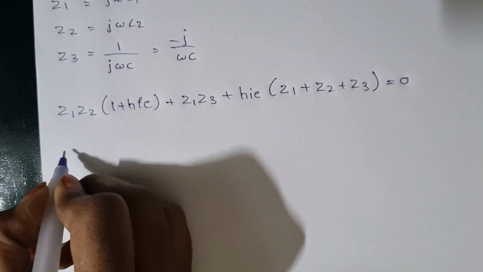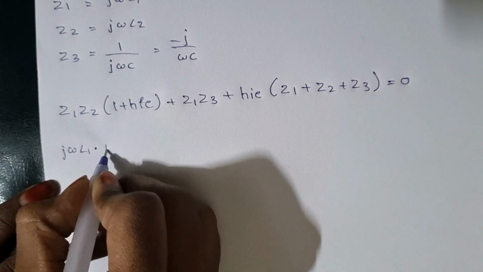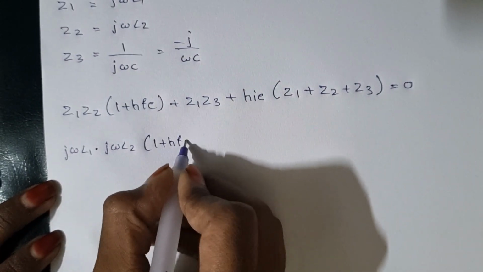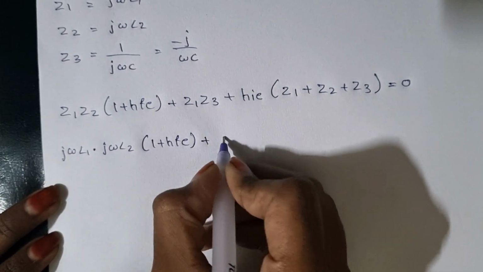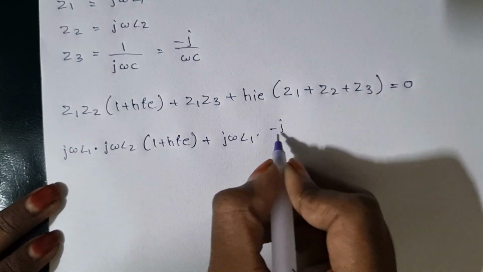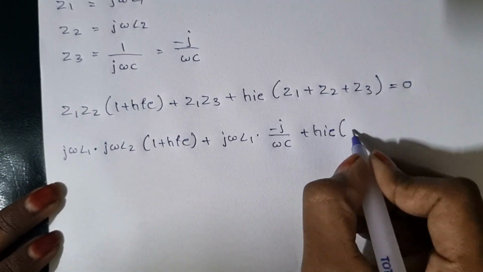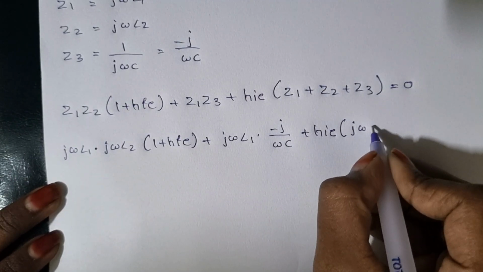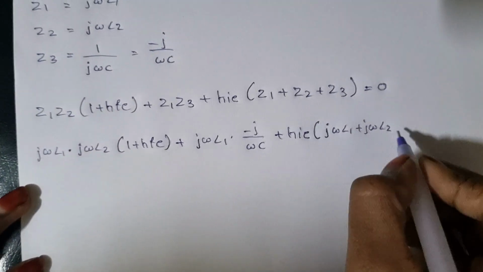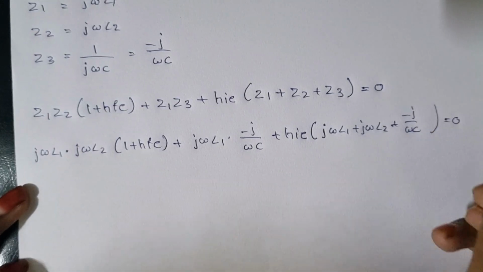So Z1 is j omega L1, Z2 is j omega L2, so j omega L1 into j omega L2 of (1 plus HFE), plus j omega L1 into minus j by omega C, plus HIE of (j omega L1 plus j omega L2 plus minus j by omega C) equals 0.